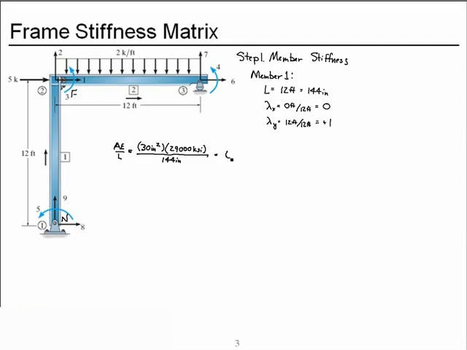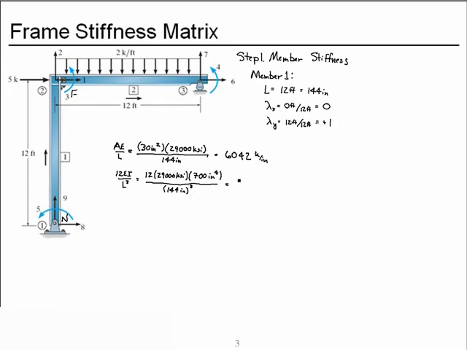So together, that gives 6042 kips per inch. 12EI over L cubed is 29,000 ksi times the moment of inertia for the members of this frame, 700 inches to the fourth, all divided by the length, 144 inches cubed.